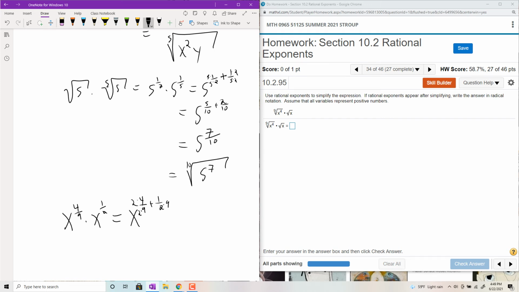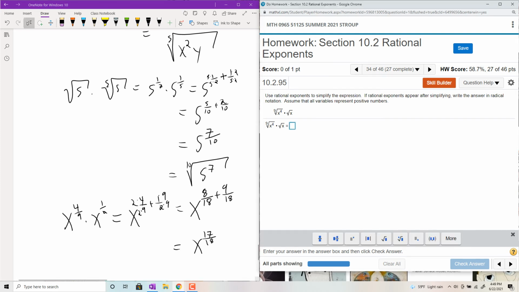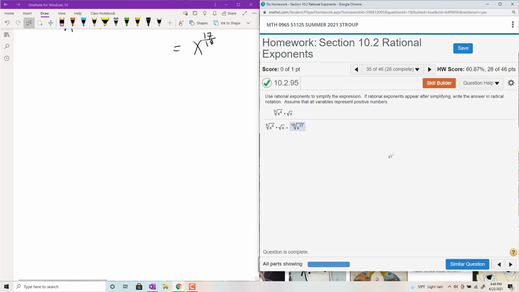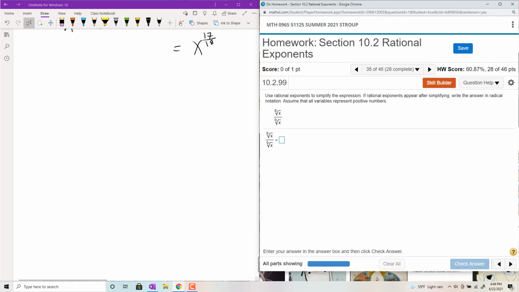X to the 8/18th plus 9/18 is x to the 17/18, and then we could rewrite it as the 18th root of x to the 17th. I think we can handle that one.